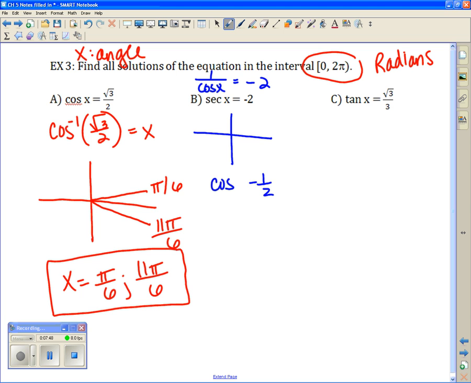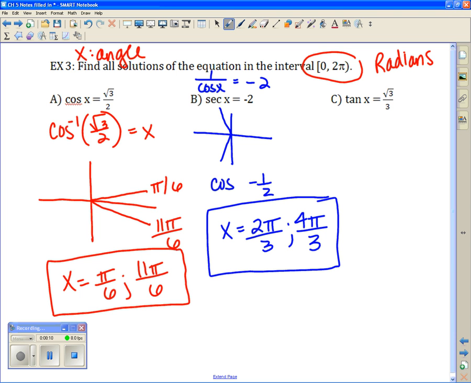So where are my x values negative 1/2? On the full circle, x values are negative 1/2 up here and down here. So those angles would be x equals, in radians, 2 pi over 3, and x equals 4 pi over 3. 2 pi over 3 and 4 pi over 3.